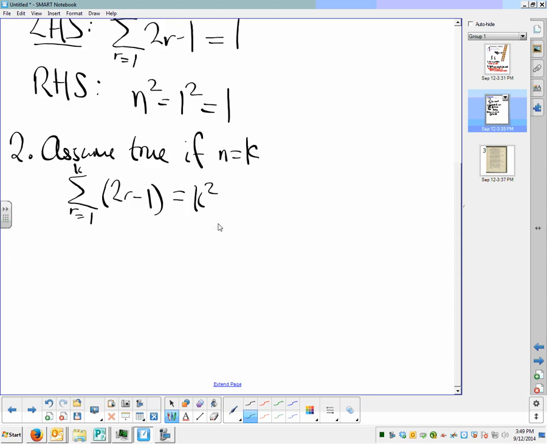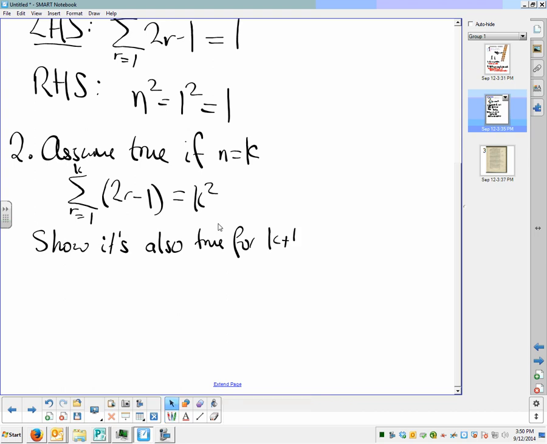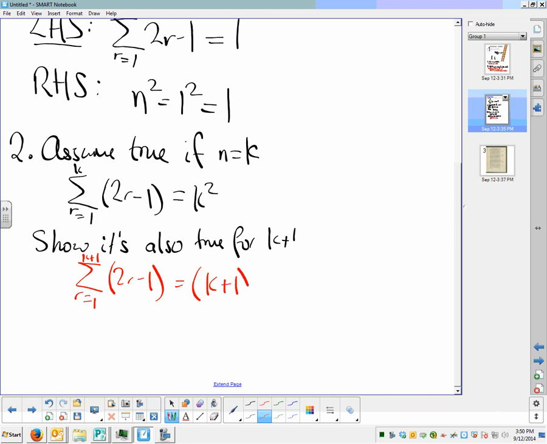And what I'm going to show is that if I assume that, then I can deduce that it's also true for k plus 1. At this point, it's sometimes a good idea just to have a little think what that would look like. In this case, it's pretty simple. What I want to show is that the sum from r equals 1 to k plus 1 of 2r minus 1, so the sum of the odd numbers up to k plus 1, is equal to, instead of k squared, k plus 1 squared. That's what I'm trying to show.